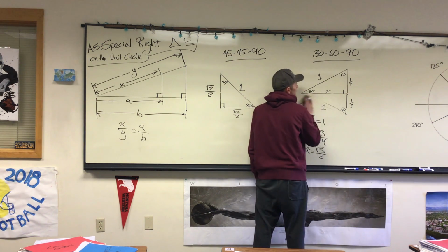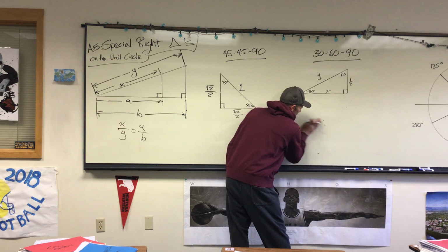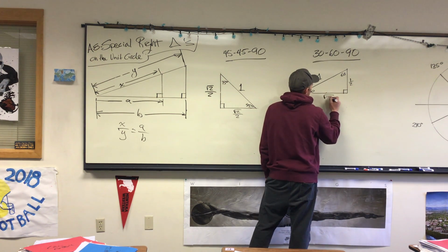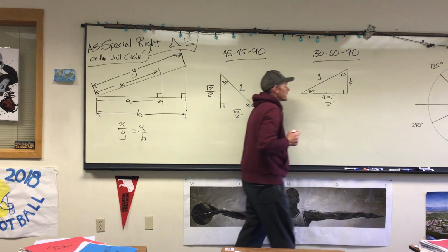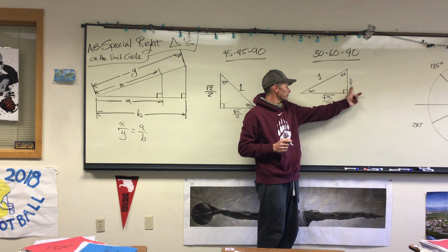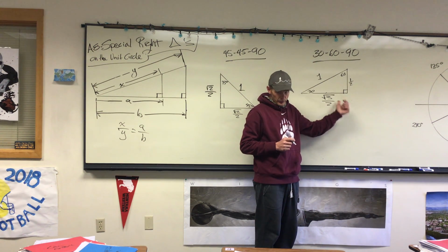So I'm going to erase this then. And the upshot is if we have a 30, 60, 90 triangle with a hypotenuse of 1, the side opposite the 30 degrees will be 1/2, and the side opposite the 60 degrees will be square root of 3 over 2 units long.